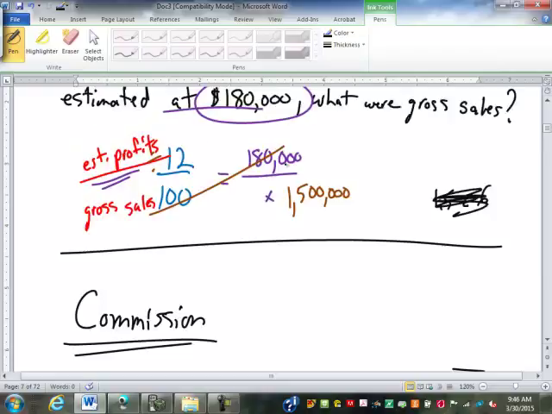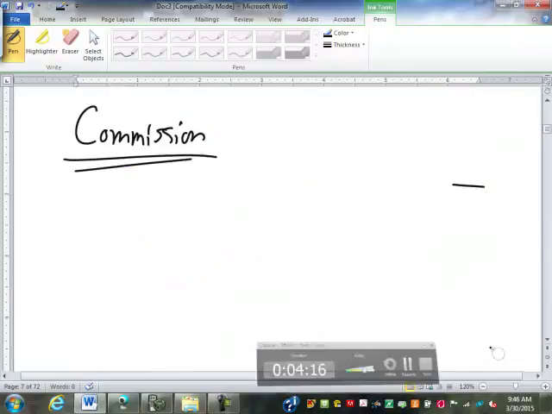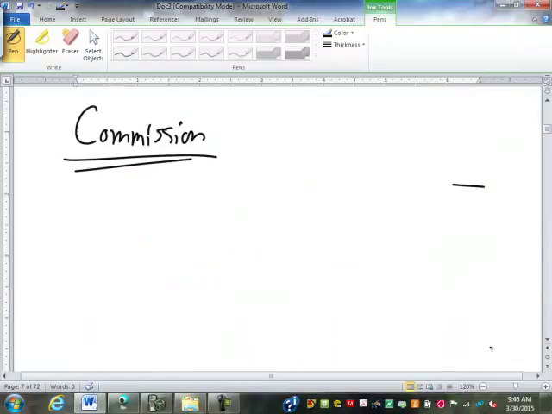In a commission issue, generally commission is when you're working on sales, although sometimes it can be a value-based production commission, a little more complicated. We're going to stick to sales just because it's the simplest way to discuss commission. So in a commission situation, your pay is based on a percentage of your sales.